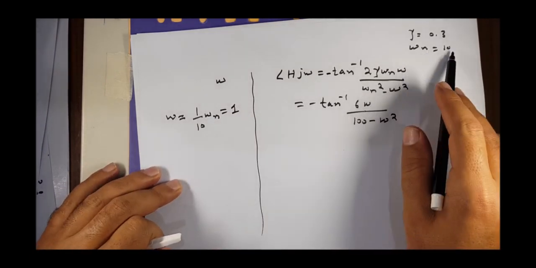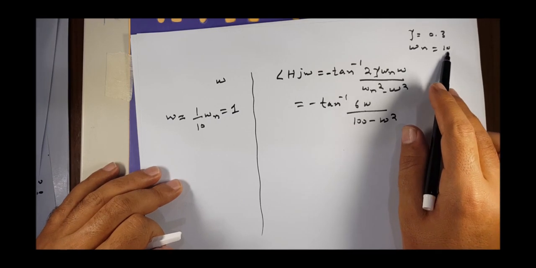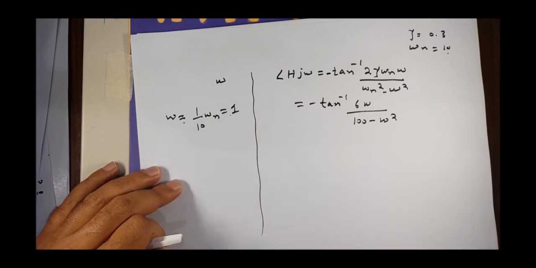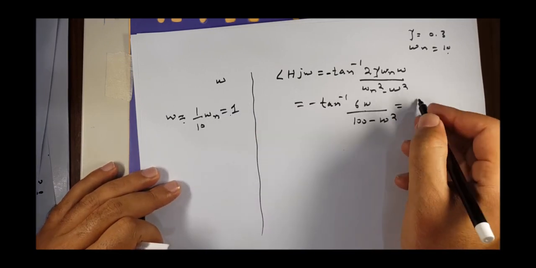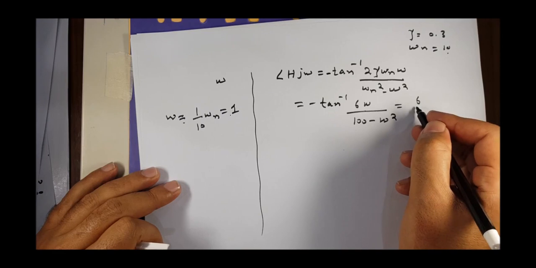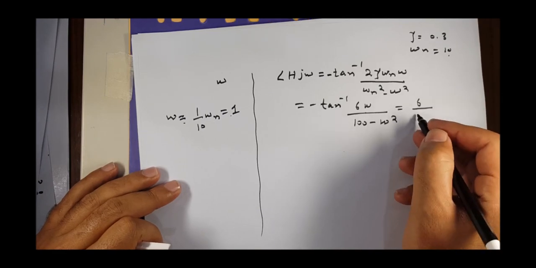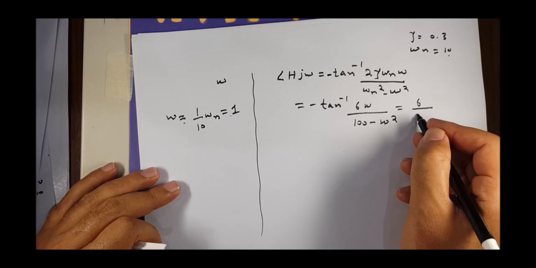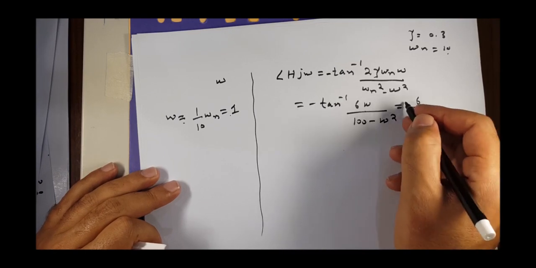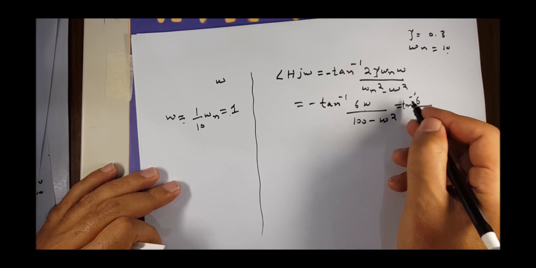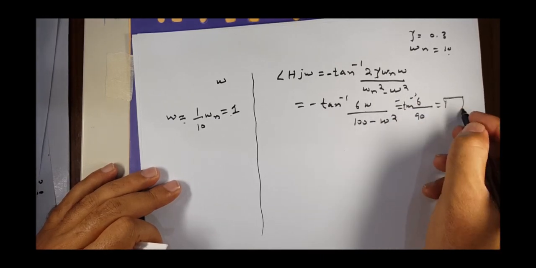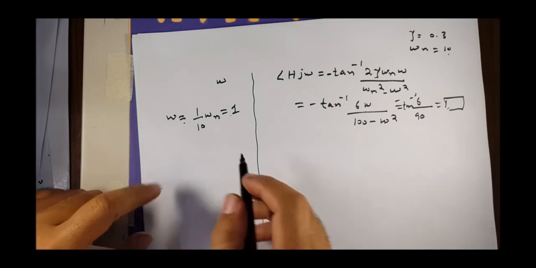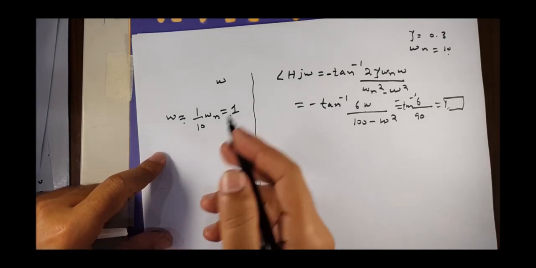Our omega n is 10, so you just need to put omega equal to 1 here. You can find out this value, 6 over 100 minus 1, which is 99, and find minus tan inverse of this value, you will get some angle.